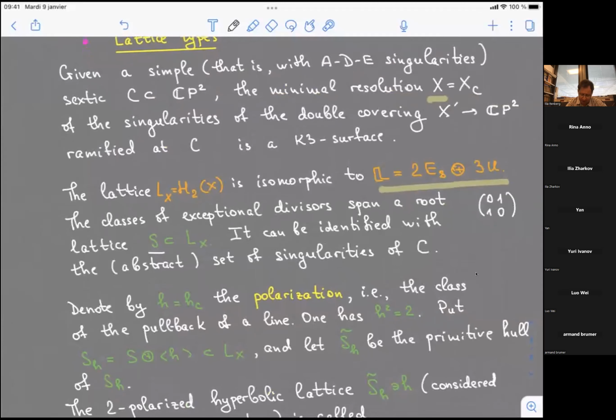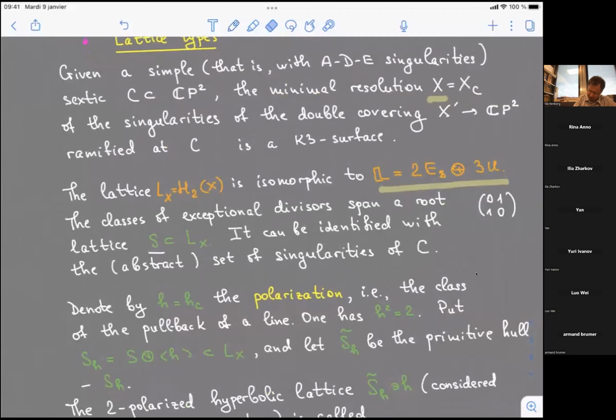They live in the second homology group, and in fact they are orthogonal with respect to our bilinear form, the intersection form. And this lattice I denote by S. Right?